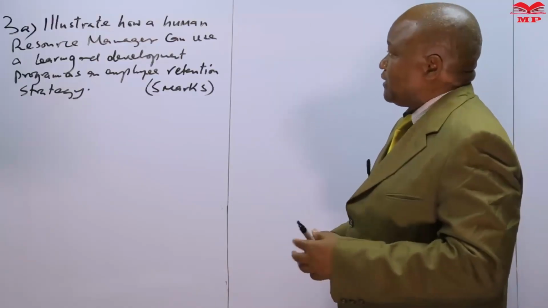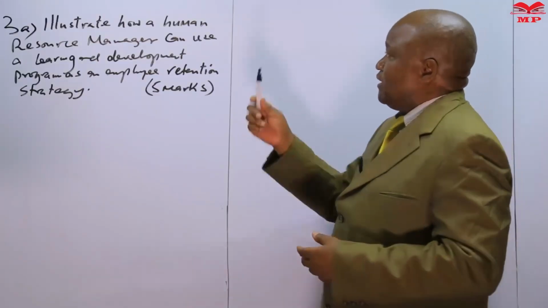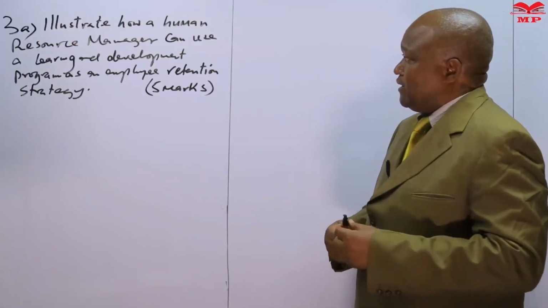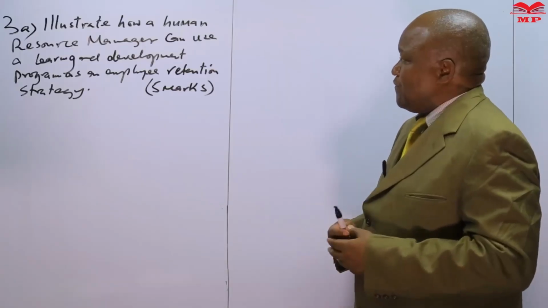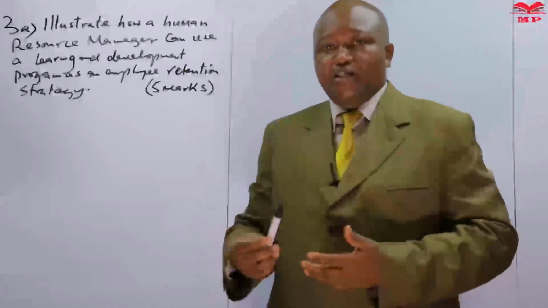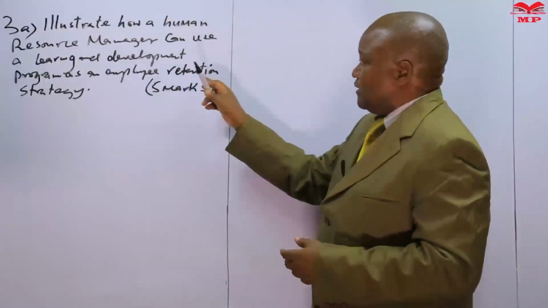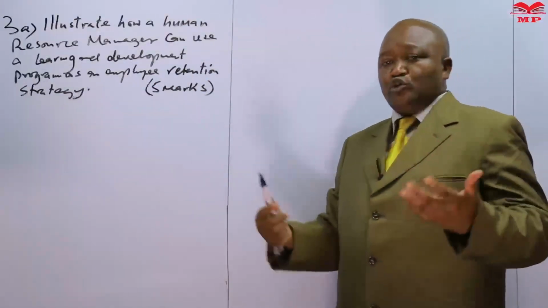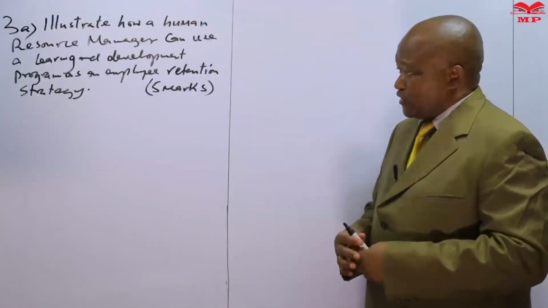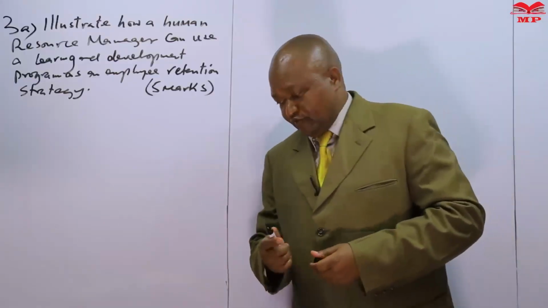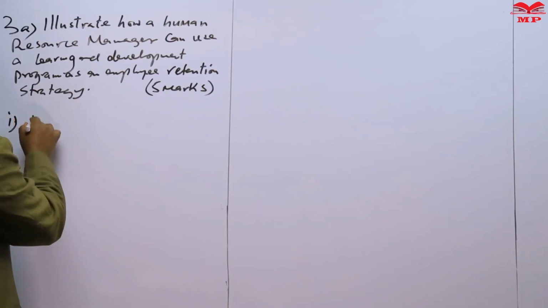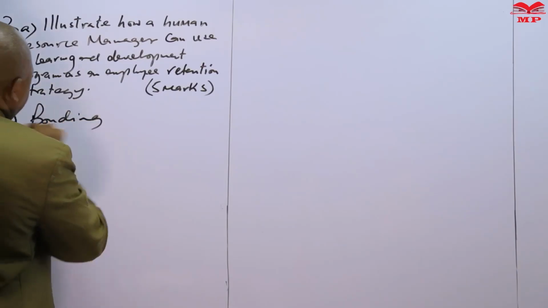In this case the examiner requires an illustration of how a human resource manager can use a learning and development program as an employee retention strategy, and the strategy should be to retain workers for a duration of time, say 5 years, 6 years or so, within the organization. After the employees have been trained, they should be able to serve within the organization for a given period of time. One of the ways through which the human resource manager could do this could be through bonding.